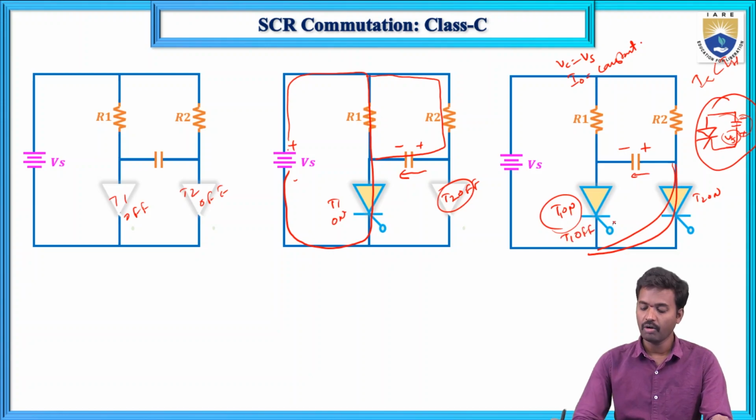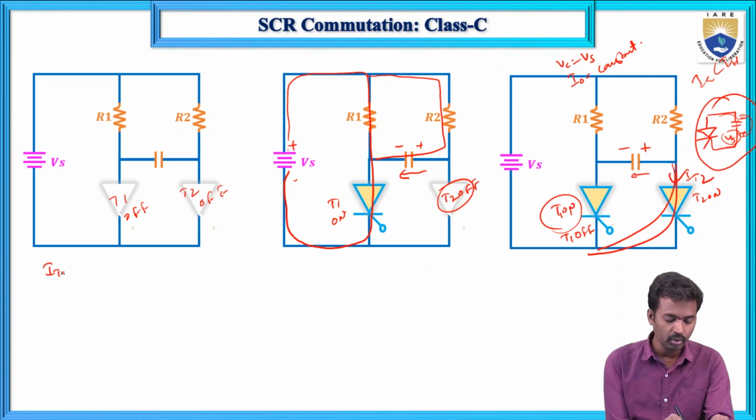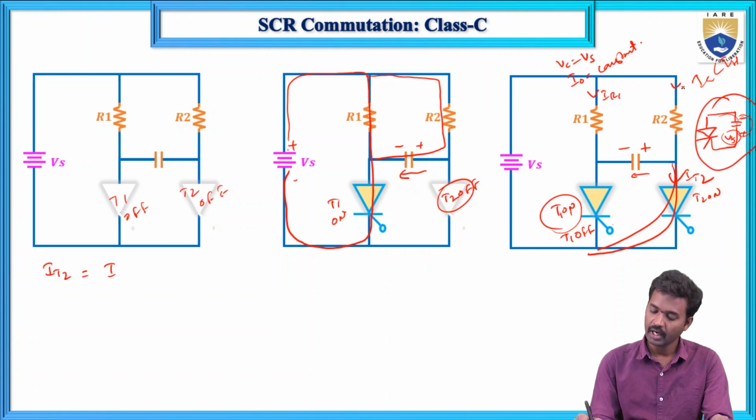Now we need to calculate the current IT2. IT2 equals IR1 plus IR2.